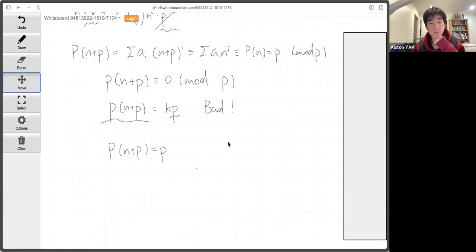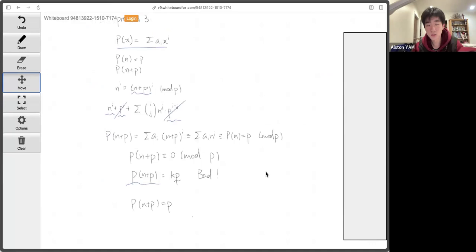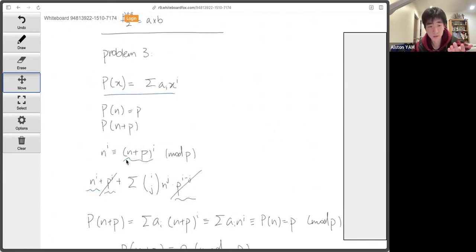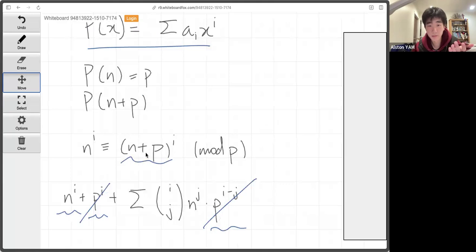Right. Cool. We can now just keep doing this process, right? So instead of considering this value of (n plus p) to the i, we can consider (n plus 2p) to the i, (n plus 3p) to the i. And I don't actually care how many p's I put after the n.